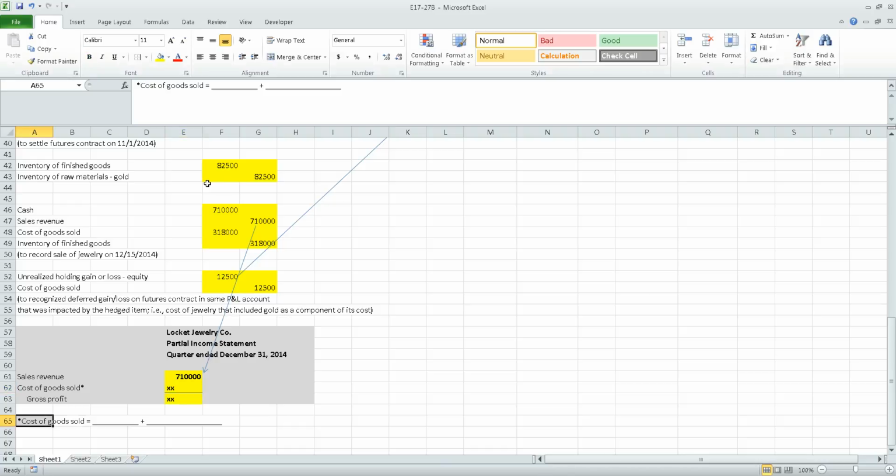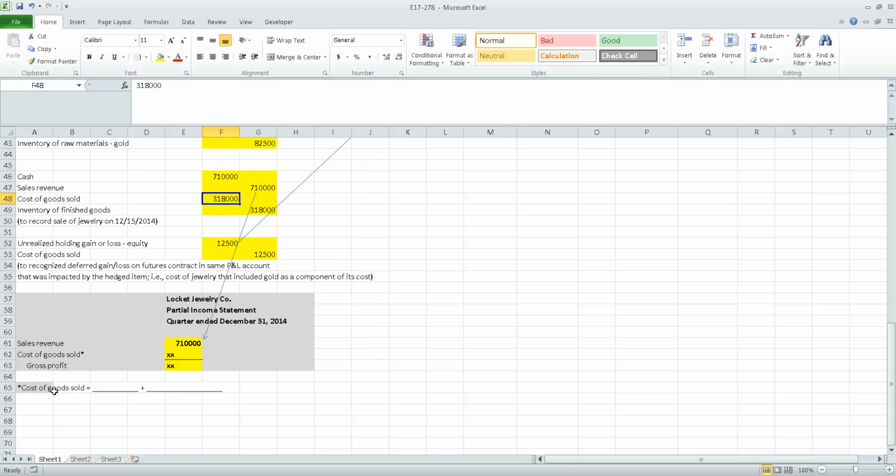It's going to consist of the debit to cost of goods sold here, $318,000, and it's going to consist of the credit to cost of goods sold here of $12,500.